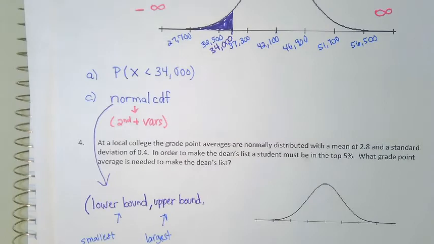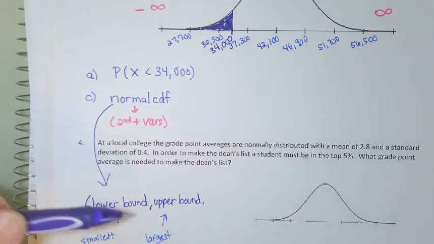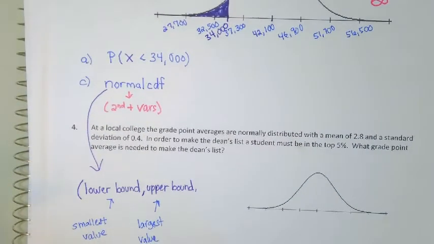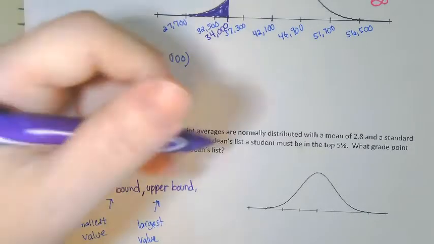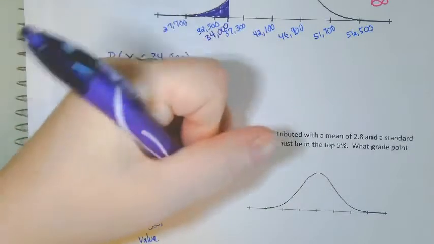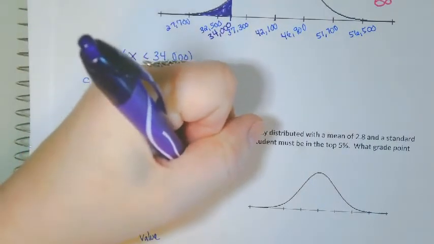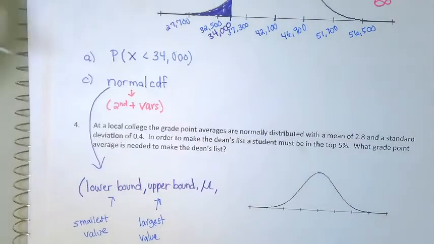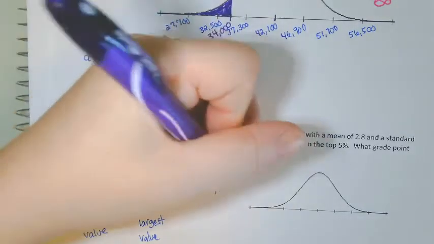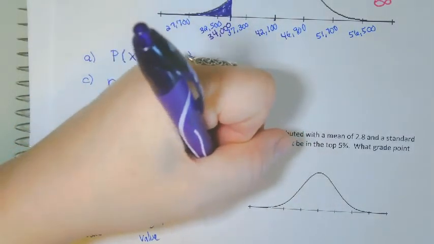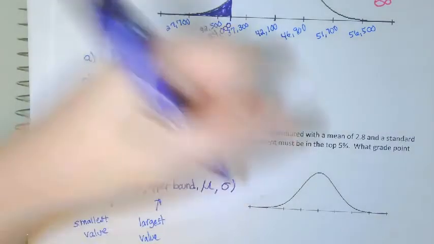The next 2 values in the set of 4 you're going to enter are easier to determine. So the third value you enter is always going to be mu, the population mean. And the fourth value is always going to be sigma, the population standard deviation.